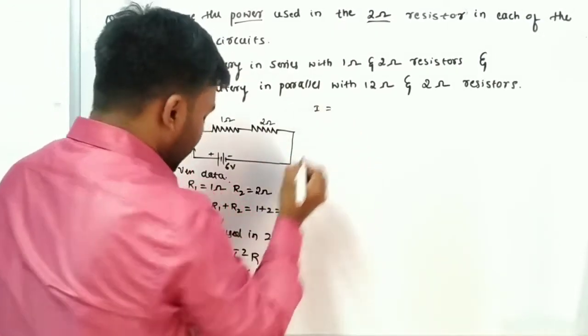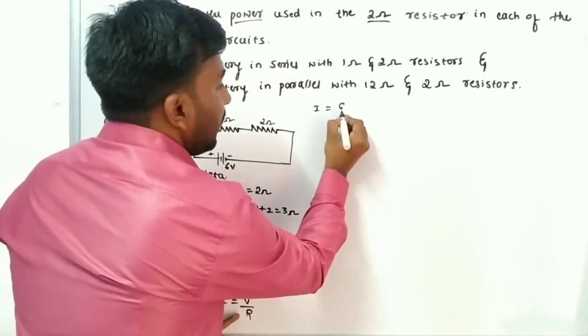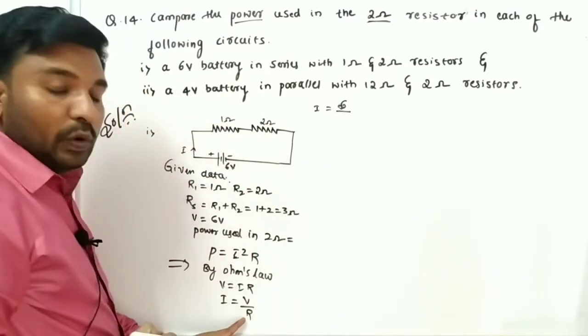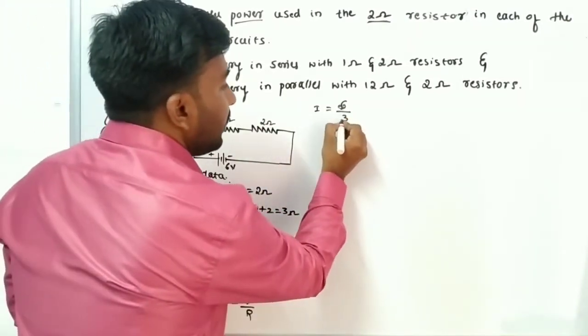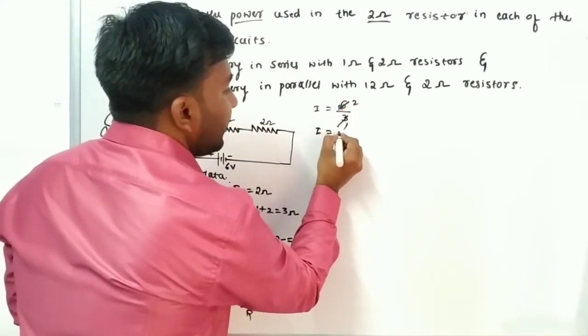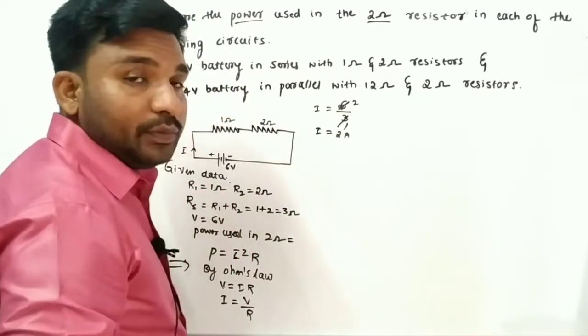I is equal to, V is 6 volt. Total resistance in the circuit, we have 3 ohm. So 3 ones are 3, 3 twos are 6. Therefore, I is equal to 2 ampere.